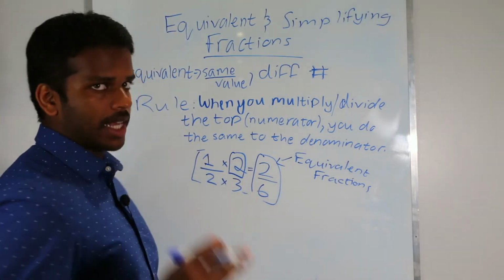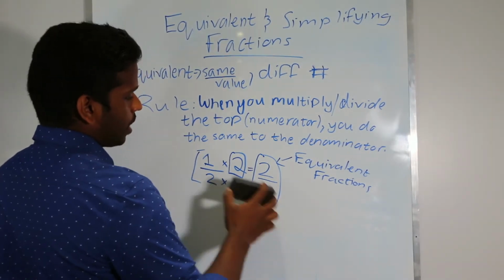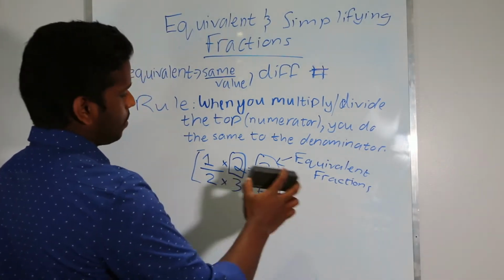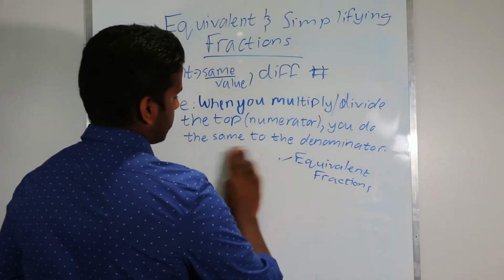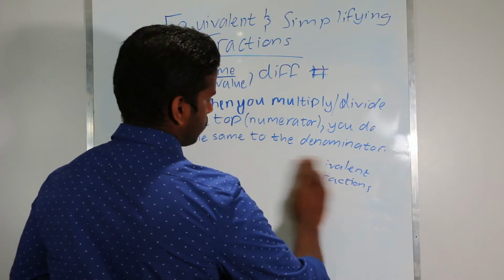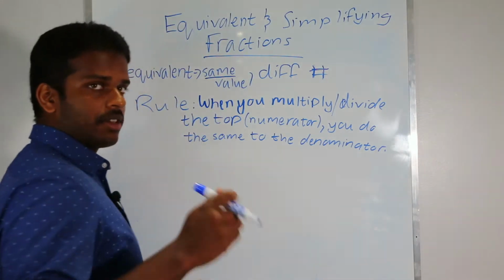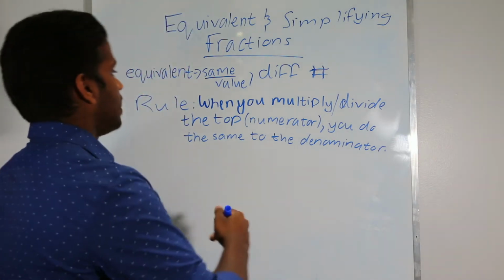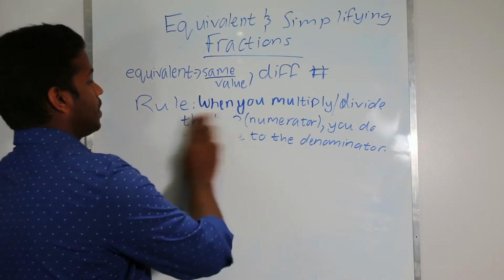So just keep that in mind. That's a rule of thumb for fractions. This wouldn't be equivalent, and this wouldn't be accepted in fractions. And also for simplifying fractions, actually let me first teach you how to simplify fractions, and then we'll see how it goes. So I'll just erase this. I hope you guys got all of this.